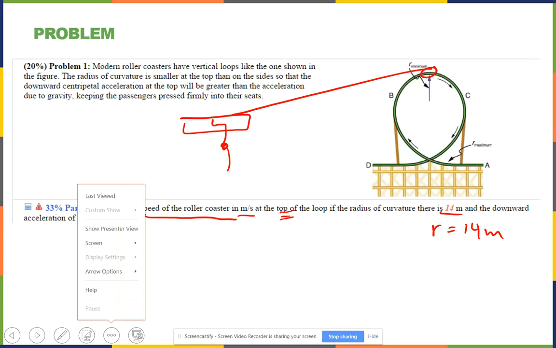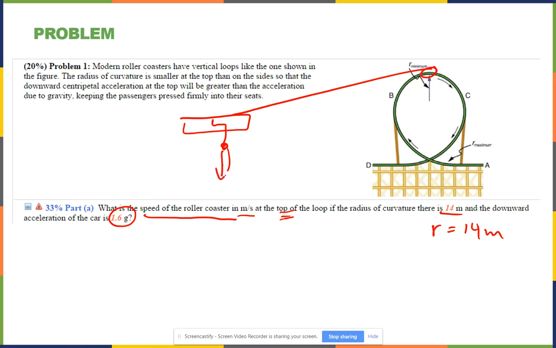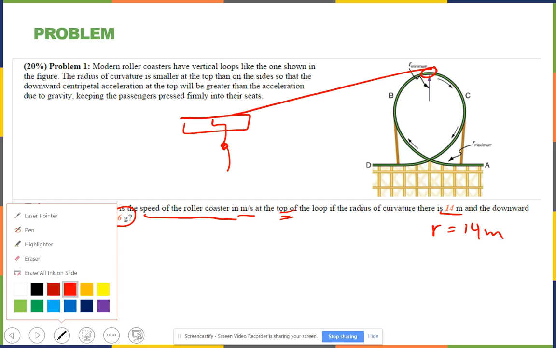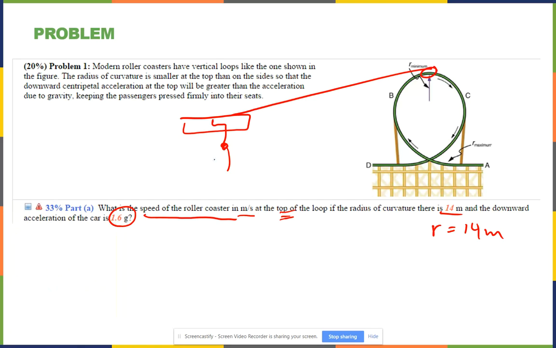So the forces acting on you are the force of gravity, which equals your mass times g. What else could possibly be pushing down on you?